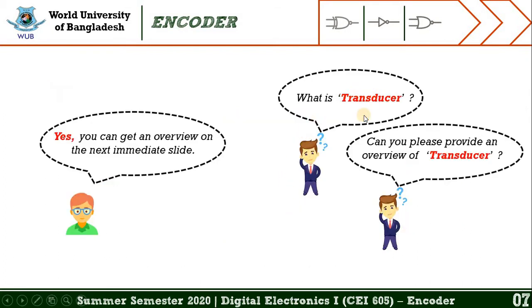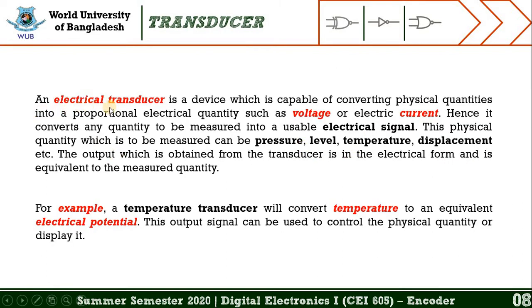Now a question may arise from the previous slide: what is a transducer? So let's start with the transducer. An electrical transducer is a device which is capable of converting physical quantities into a proportional electrical quantity such as voltage or electric current. Hence, it converts any quantity to be measured into a usable electrical signal.